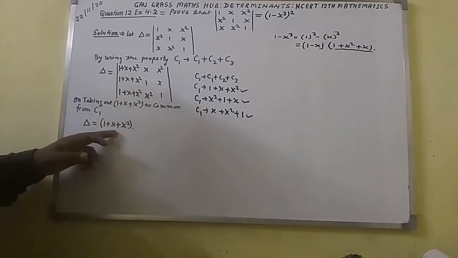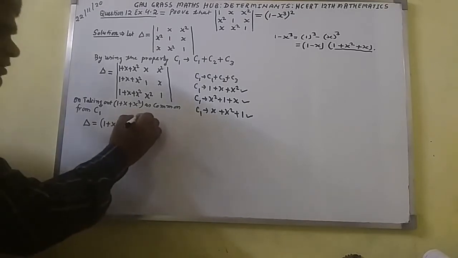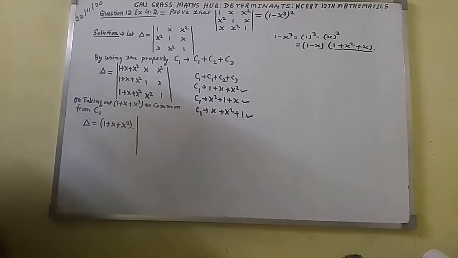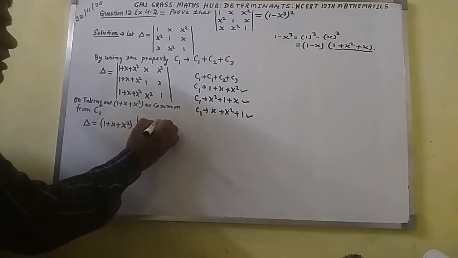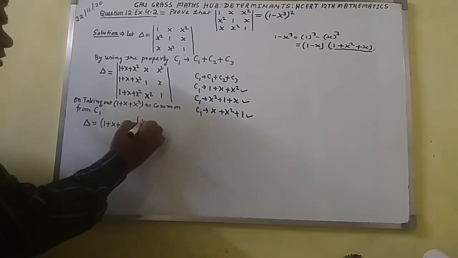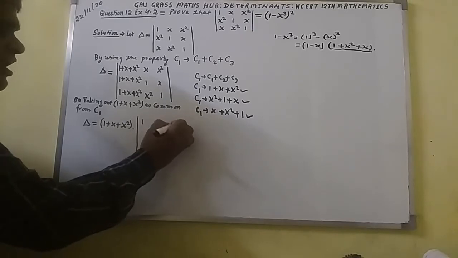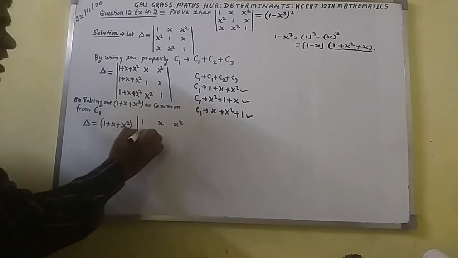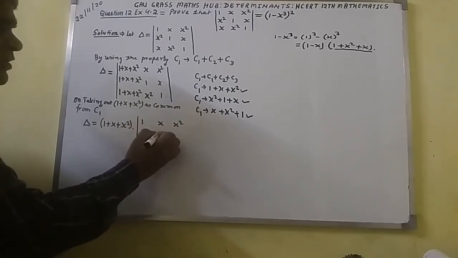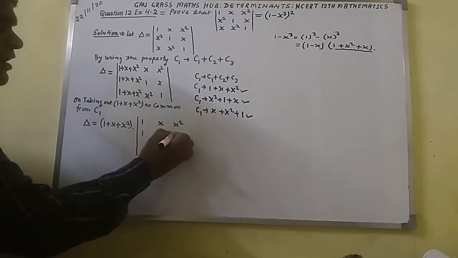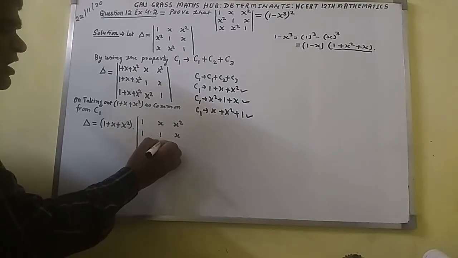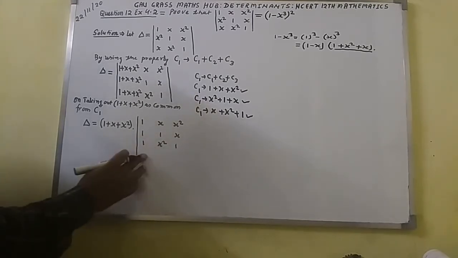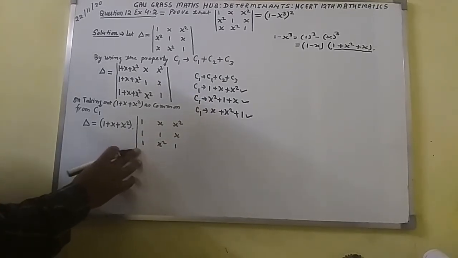This term has been taken as a common from the determinant. The determinant will be, here write 1, x, x square as the elements of first row. The elements of second row will be 1, 1, x. The elements of third row will be 1, x square, 1. This thing you will get.